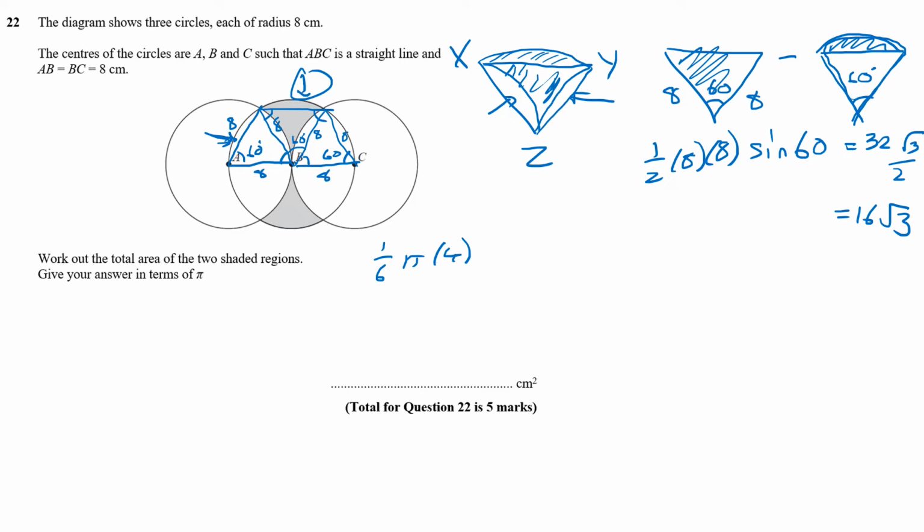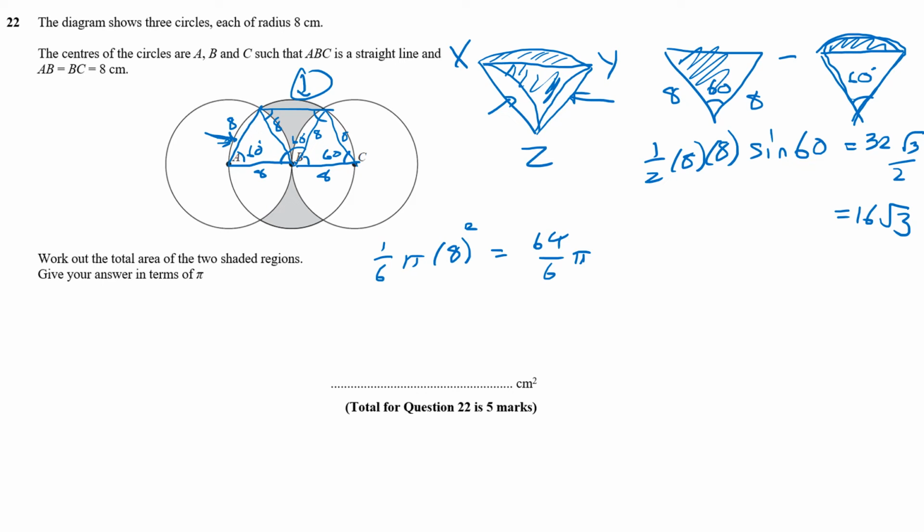The radius is, sorry, not 4. The radius is 8, so it's 1/6 pi times 8 squared. That's the area of the sector of the circle. Now 8 squared is 64, so we have 64 over 6 pi.